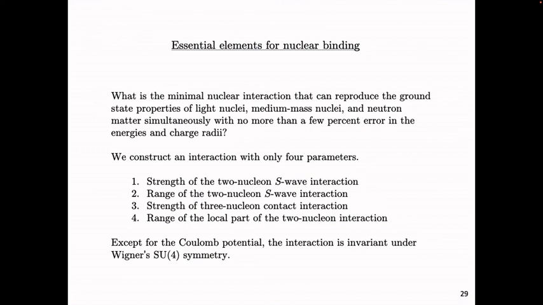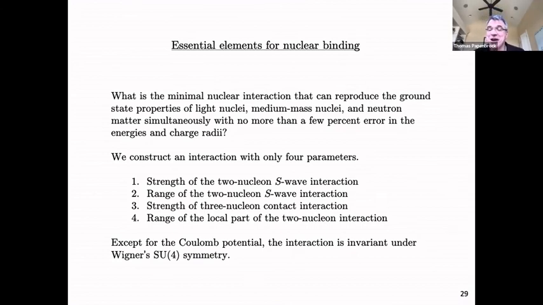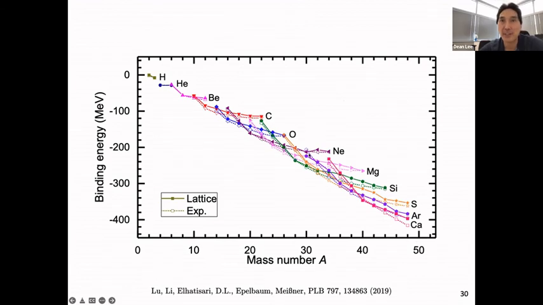Hi, Dean, this is Thomas. Very nice talk. I wonder, the essential ingredients to nuclear binding seem not to include pion exchange. This is a great question. How important is pion exchange is probably your question, right? Right. We know that pion exchange is the dominant mechanism for the spin-orbit splittings. And the deficiencies of this interaction, you can see as I go along the isotopic chain, it's not reproducing the physics quite right.